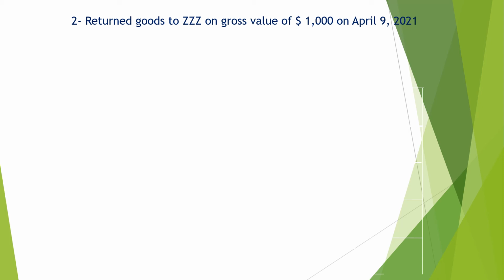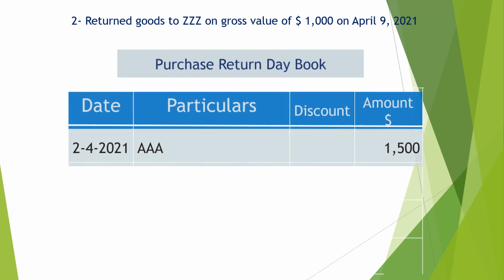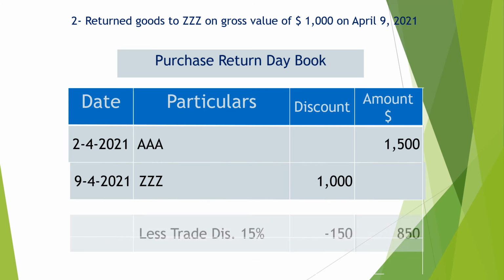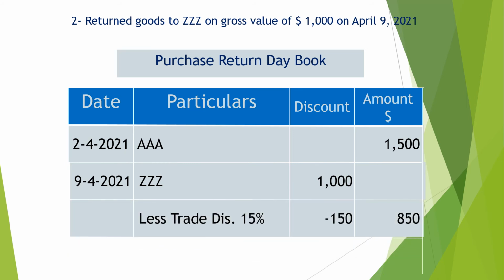So let's see now how we'll treat this one. This is the first entry, and now this is the second, where we return the goods to ZZZ with a discount of 15%. So the 15% discount should be reduced and the net amount will be $850.